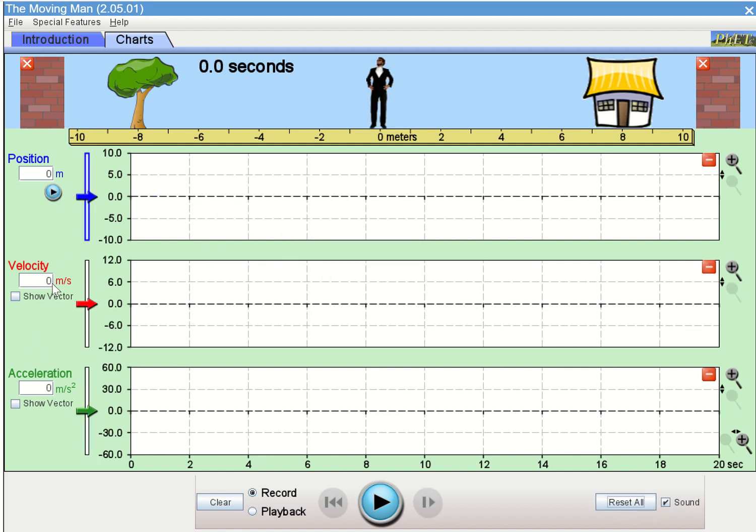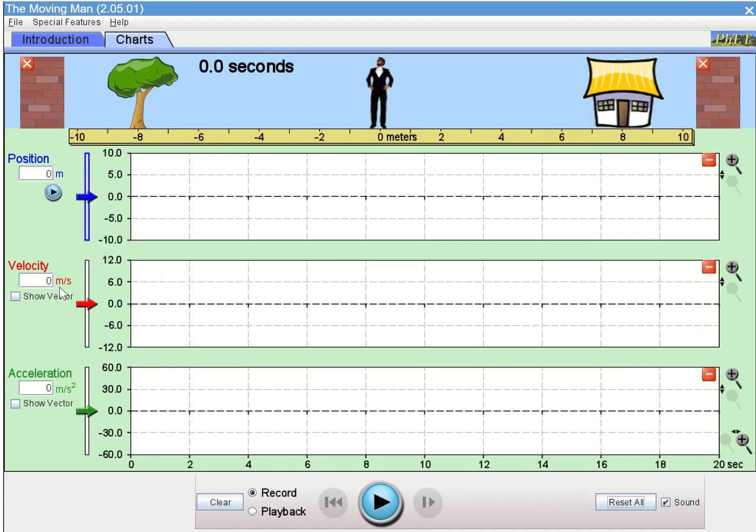Okay. So let me see if I can show this. Let's give him a velocity of 10 and an acceleration of -1. We'll just see how this goes. So in this case, my velocity is going to be to the right. So he's going to start at 10 meters per second, but the acceleration is going to be to the left because it's negative. That was probably too fast.